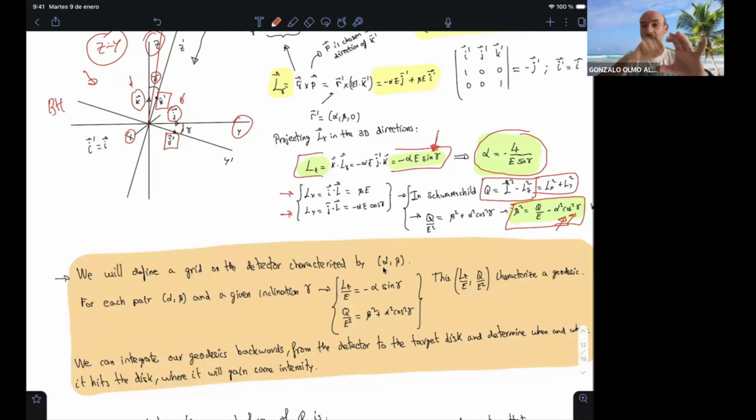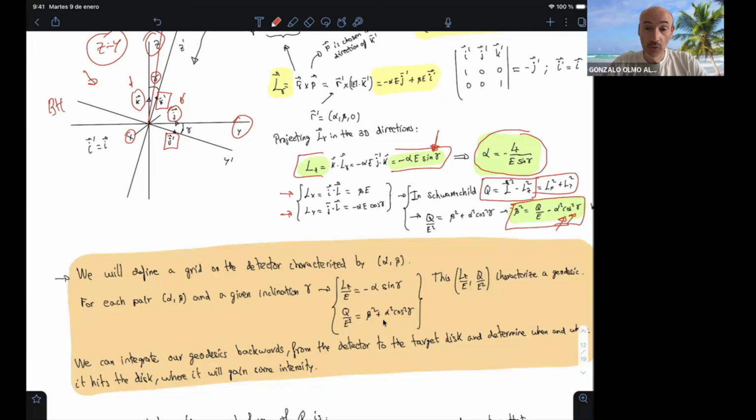And this is basically a rectangular array of sensors. And we could define a rectangular array of alpha and beta, which are our pixels. And then for each alpha and beta, for a given inclination angle, we determine the corresponding azimuthal angular momentum and the corresponding Carter constant, okay?